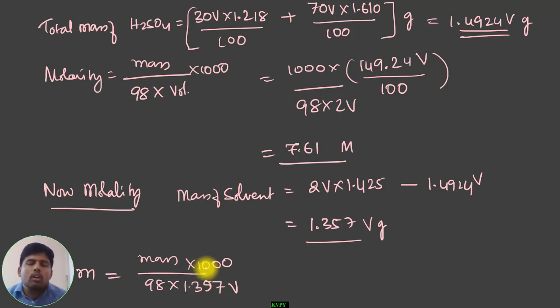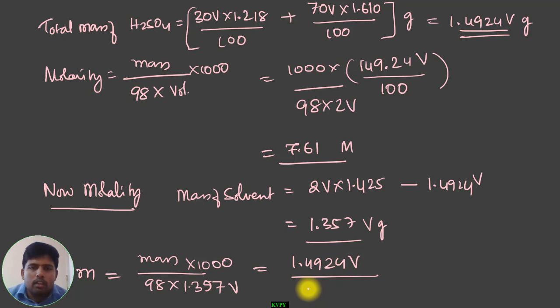It's in grams, so we have to convert it into kg, so multiply by 1000. So in this way our value will become, again, mass is 1.4924 V divided by 98 into 1.357 V into 1000.